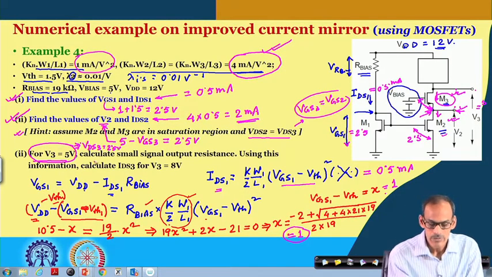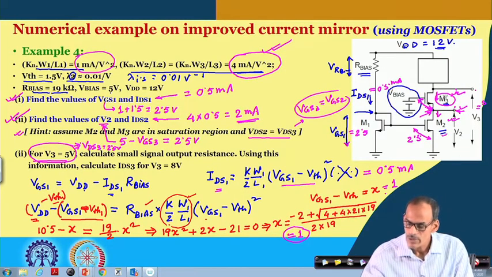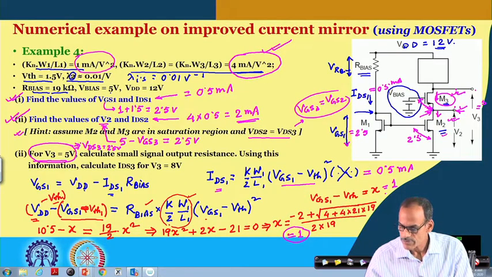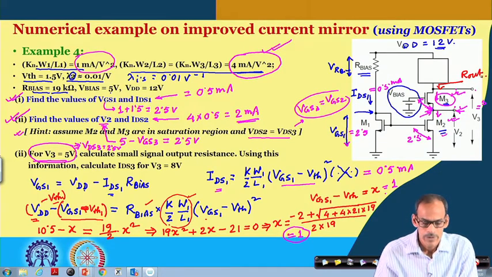And with this voltage, we can try to find the corresponding value of the output resistance Rout, the small signal output resistance.